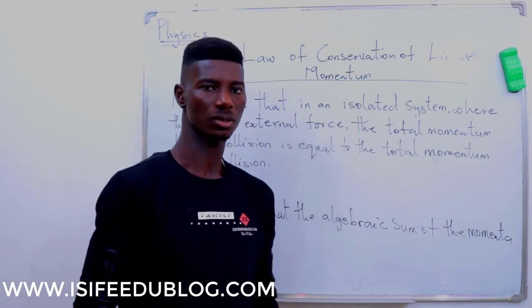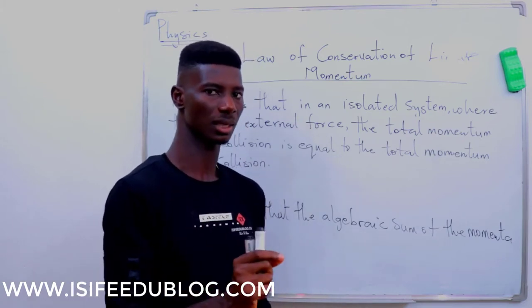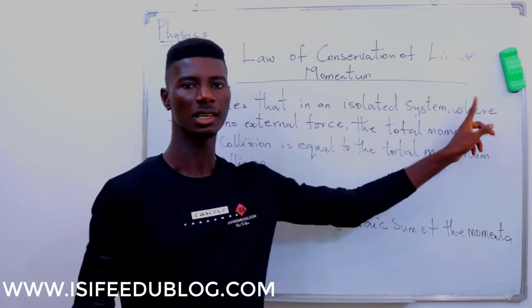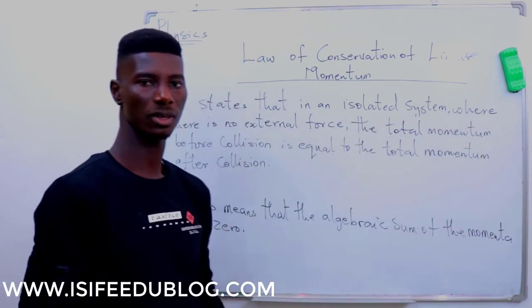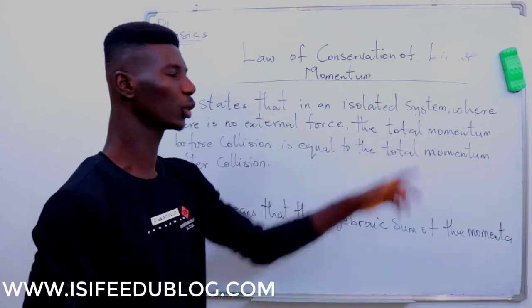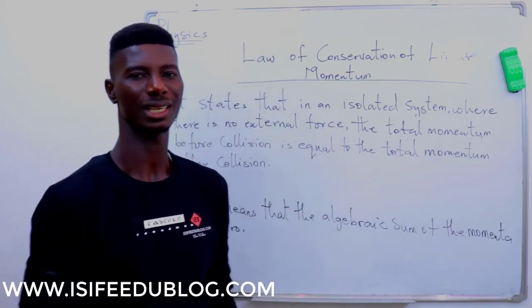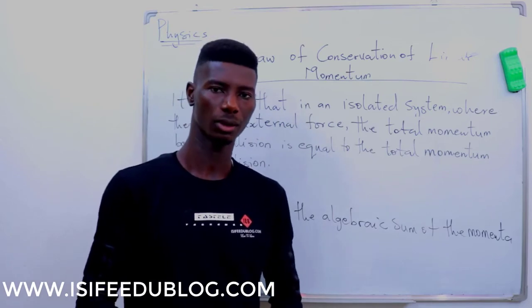It's a very easy law to state: in an isolated system, not just any system. I've told you that an isolated system means a system where there is no external force acting, and the total momentum before collision is equal to the total momentum after collision.